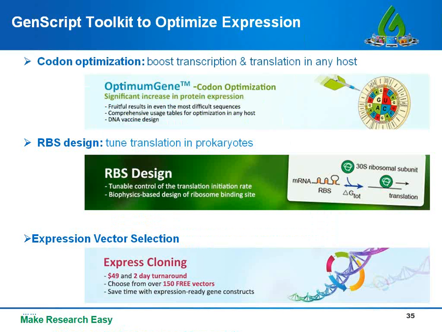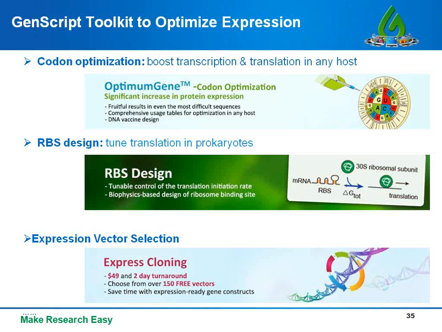So I just want to summarize that GenScript offers a pretty comprehensive toolkit to help you optimize your expression. We offer codon optimization as a free service with our gene synthesis. As we discussed, codon optimization can help boost both transcription and translation in any host system.